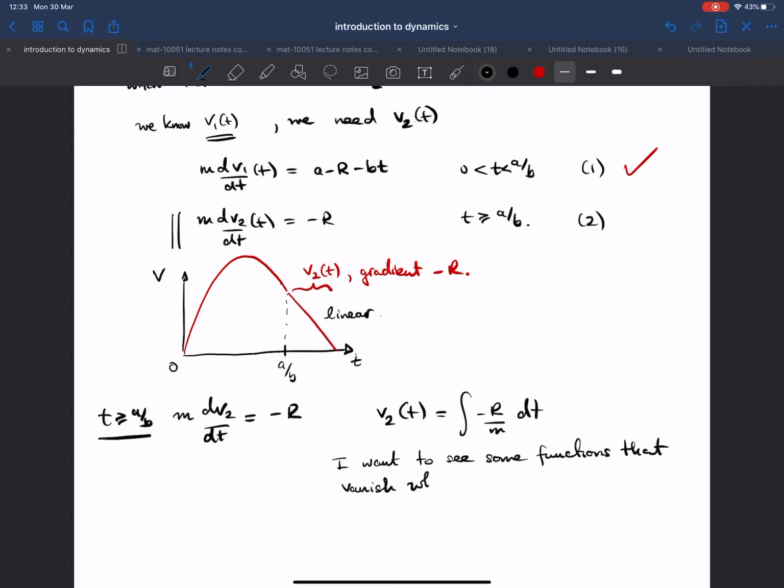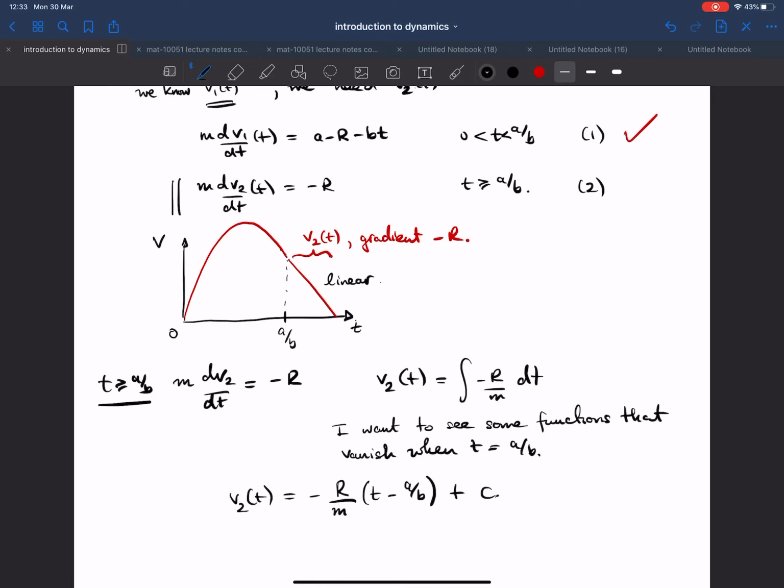Therefore, when I integrate the constant, it will be multiplied by a linear term, but it won't be just t, it will be t minus a over b, where a over b is a constant, and there'll be some arbitrary constant that I'm interested in. There's nothing wrong with what we're doing here, so this is C2.